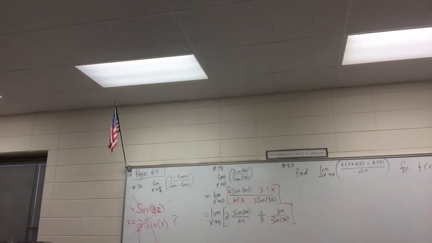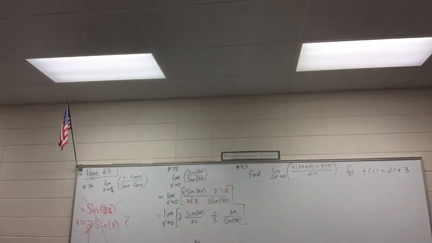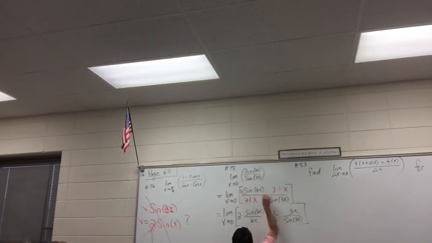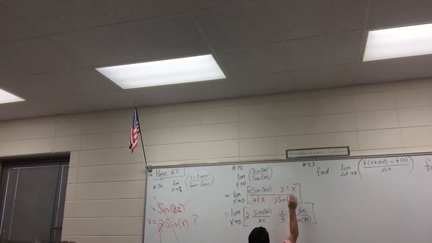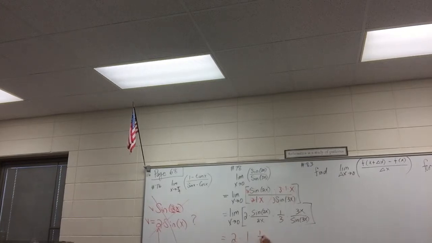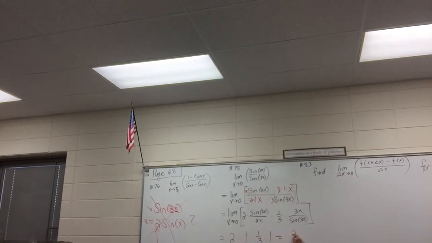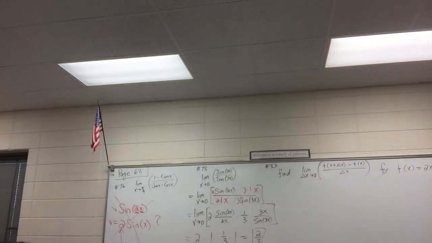You see that? You've got to be able to see what we were really doing here in order to make this work. And this becomes 2 times 1 times 1/3 times 1. And would you look at that, the answer is 2/3.